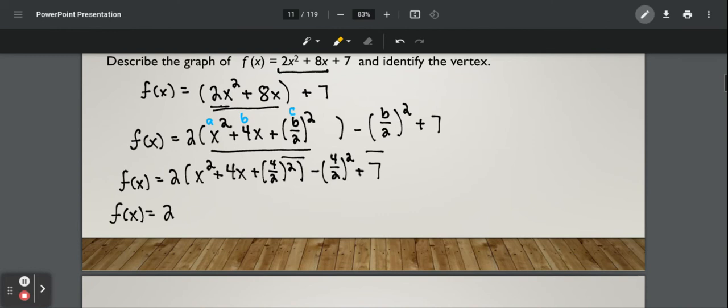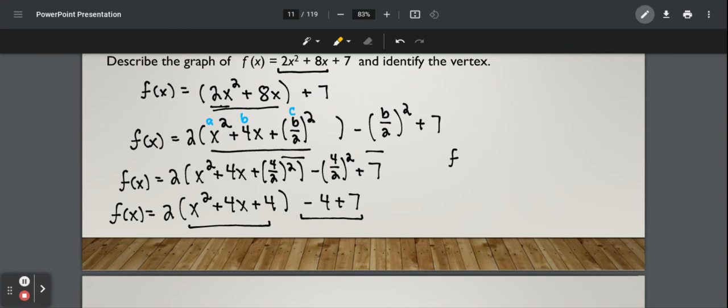So we'll have 2 times x squared plus 4x plus 4, and then minus 4 plus 7. And we want these parts to be grouped together out here. So that way we keep this part right here as a perfect square trinomial.